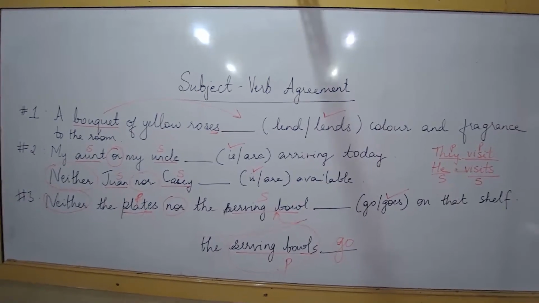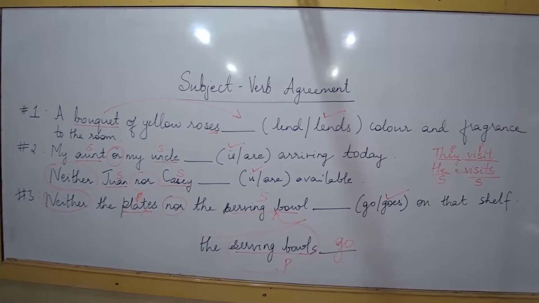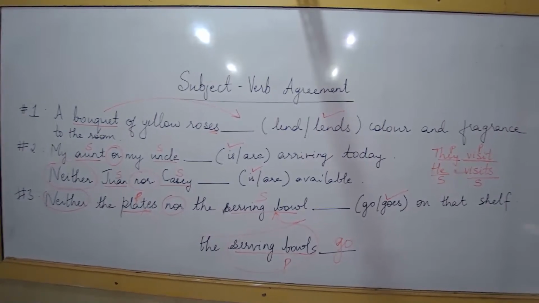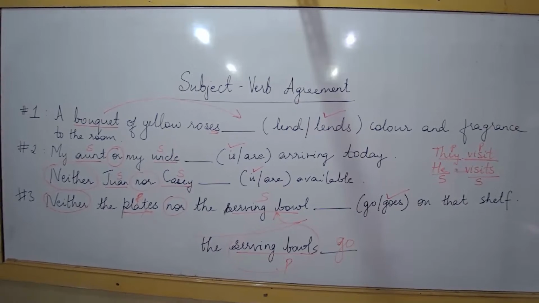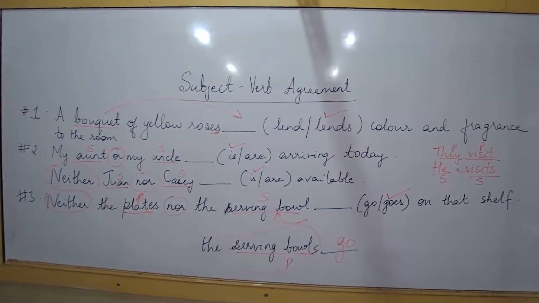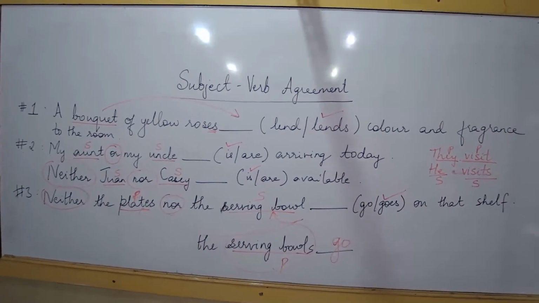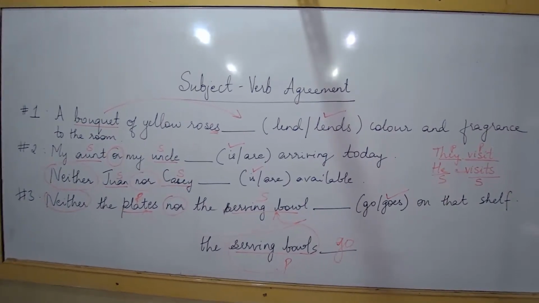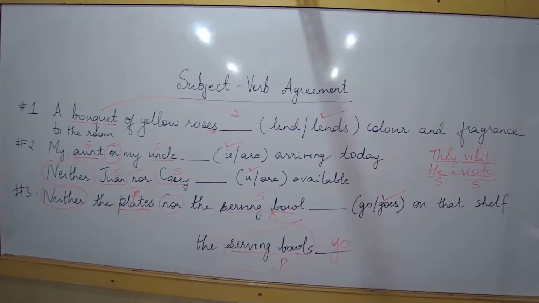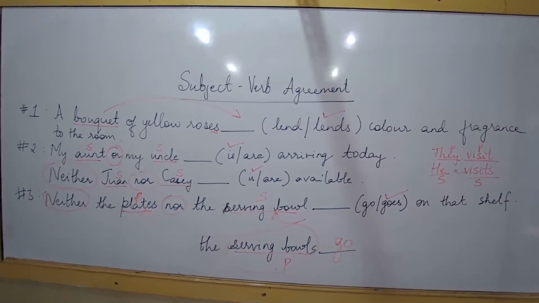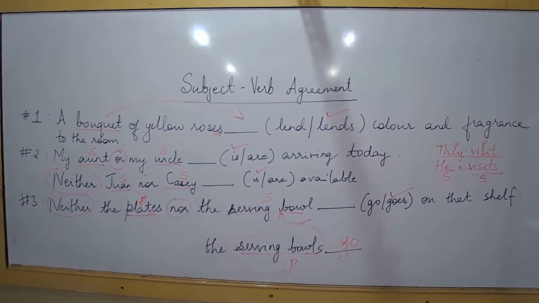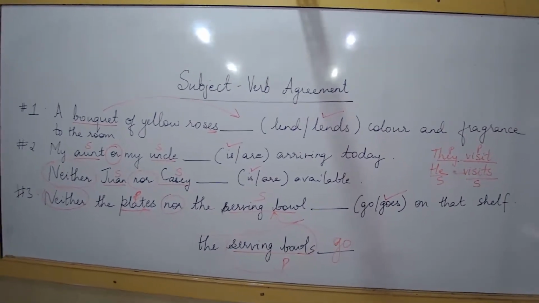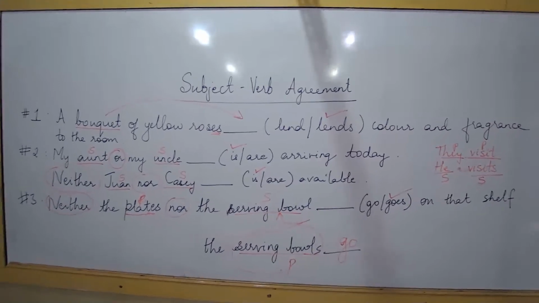Write down the sentence. A car and a bike, dash, in brackets is or are, my means of transportation.